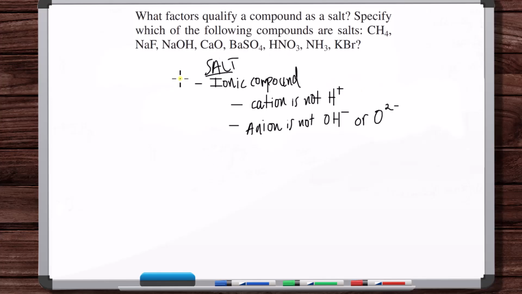Well, a salt can't be an ionic compound that contains H+ cations, because in a neutralization reaction, H+ ions are interacting with OH- ions to form water, right? So how could you have a salt that's formed in a neutralization reaction involving H+ cations? It's the same idea with OH- or O2- anions.